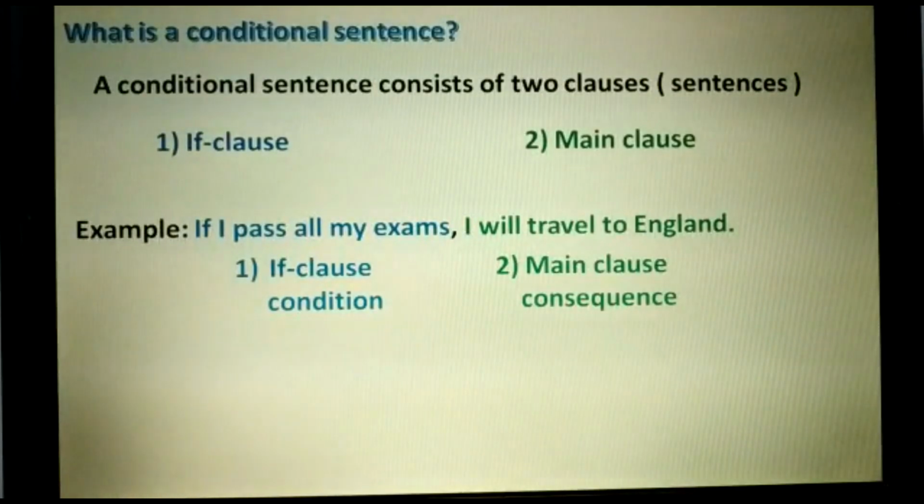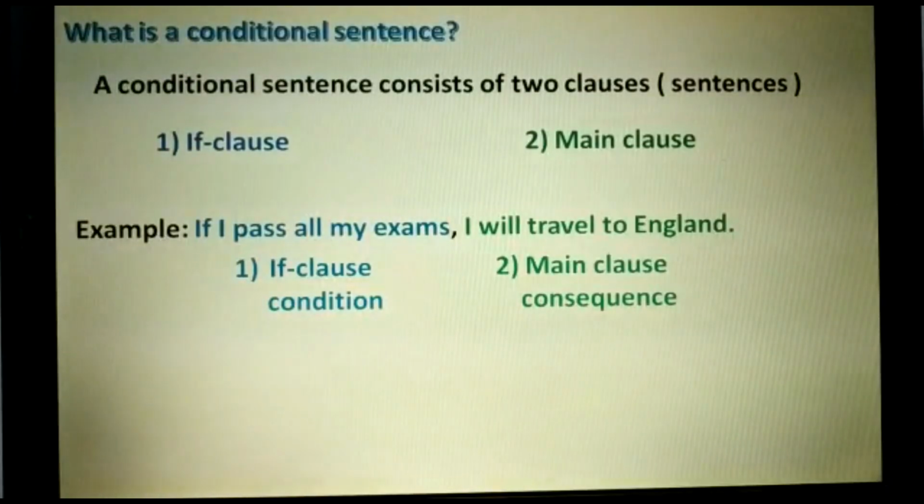So, the condition of traveling to England is passing all my exams, and the consequence of passing all my exams is traveling to England. First of all, we need to know the difference between a condition and a consequence.